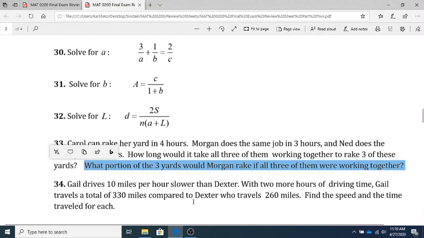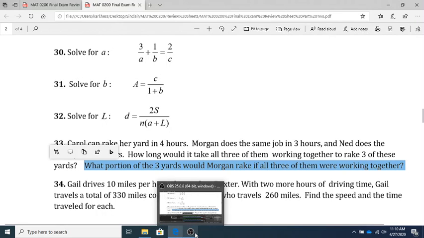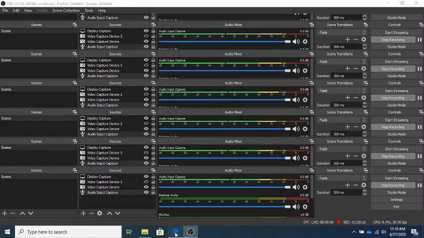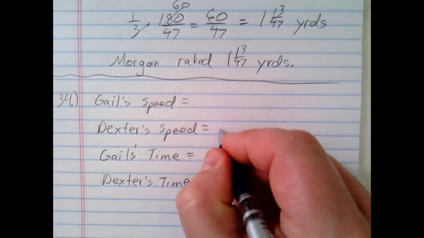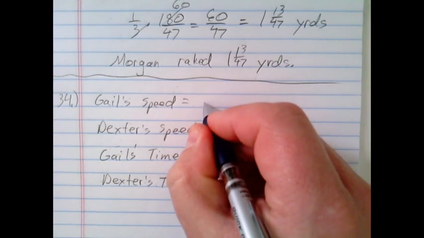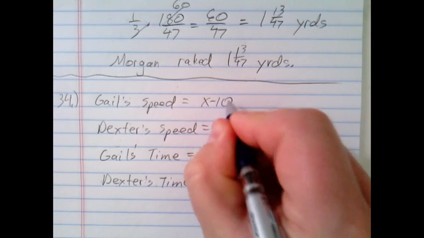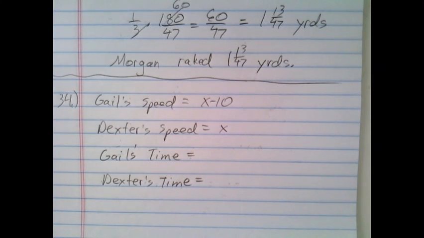Gail drives 10 miles per hour slower than Dexter. So here's how I'm going to use that. If I let Dexter's speed be x, then Gail's will be x minus 10. I'm going to try not to introduce more letters than I have to.